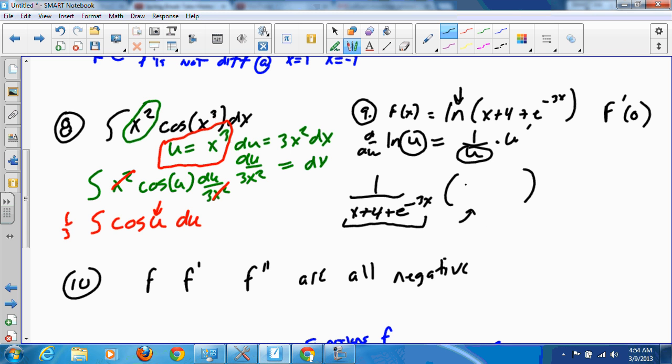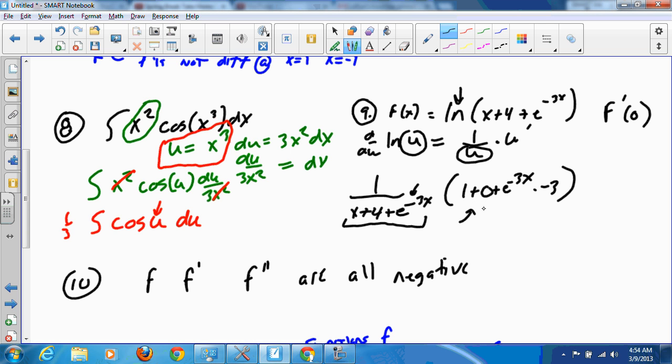So that would be 1 plus 0, derivative of 4 is 0, constant, and this would be what? A chain rule for e to the negative 3x. So we have plus e to the negative 3x, and erase that real quick, negative 3x times, that would be negative 3, right?